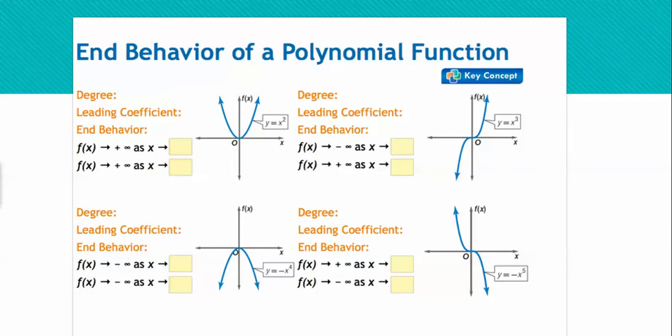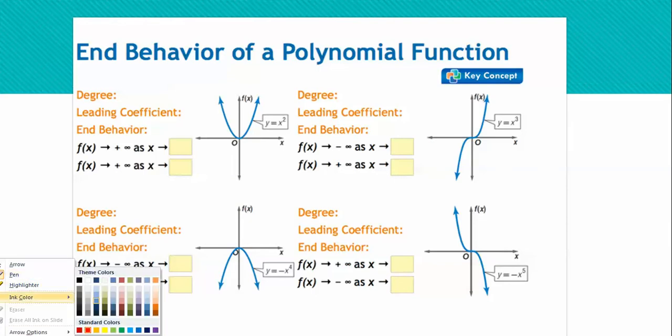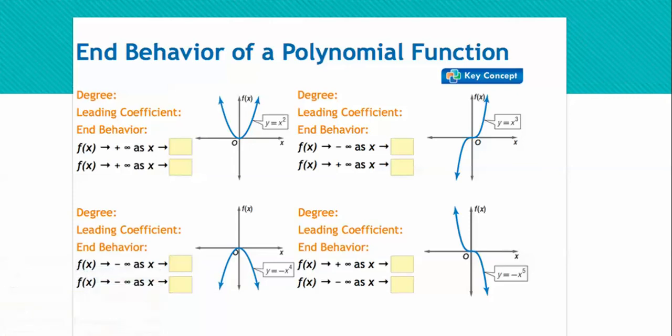The next thing we learned, and this was the most important part of 5.3, was our end behaviors. So we have a degree that's even, an even number, 2, 4, 6, 8. Our ends are always going to be facing the same direction. They're either both facing up or both facing down.